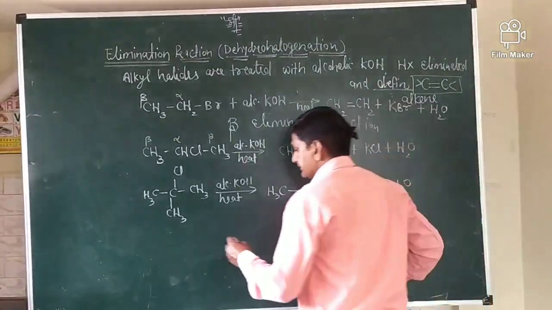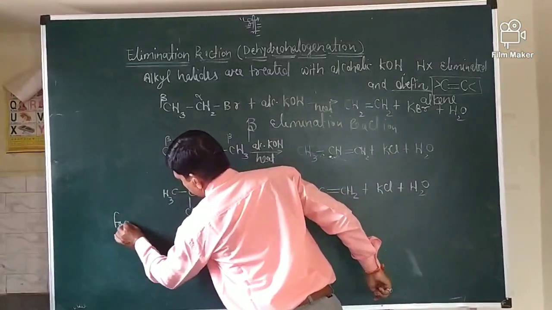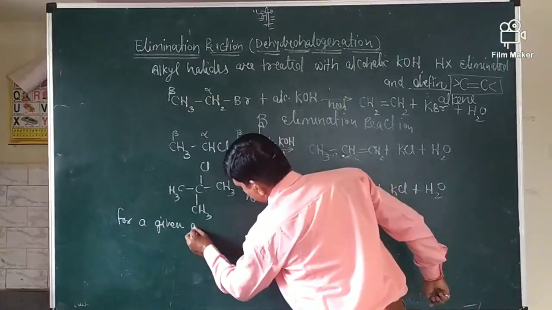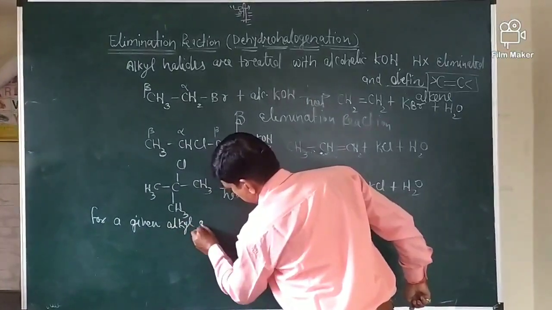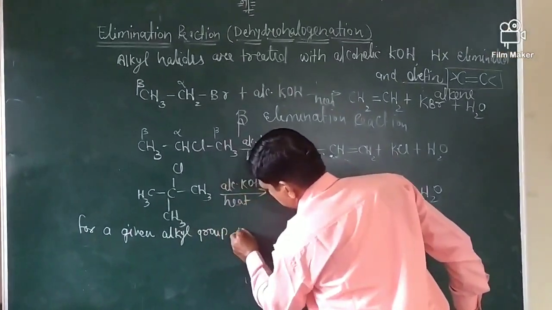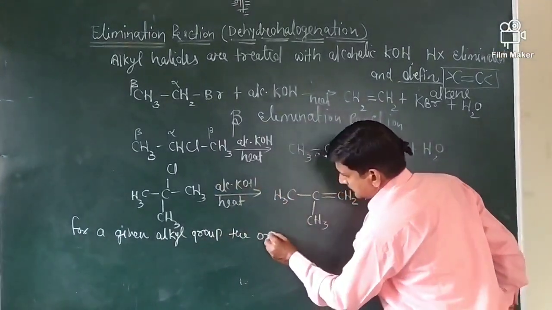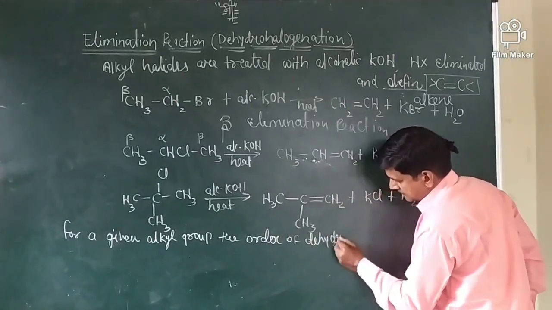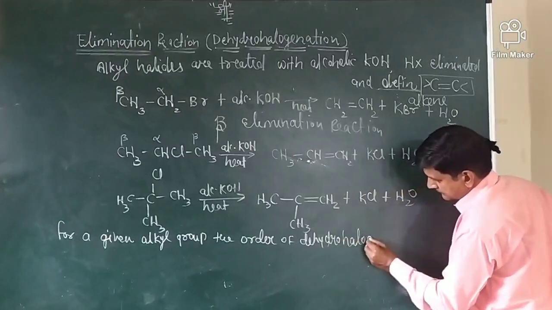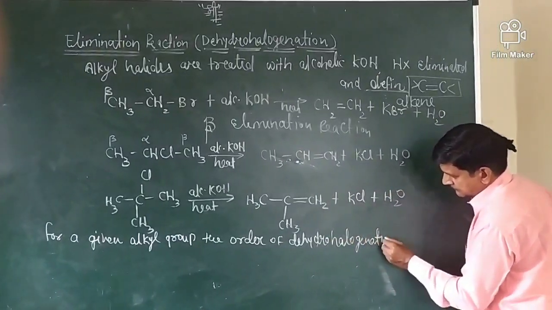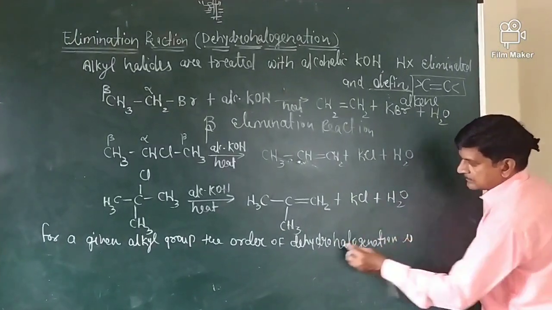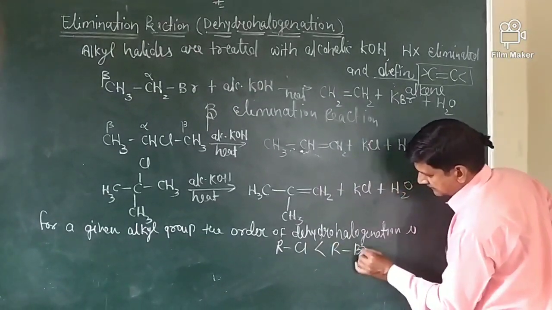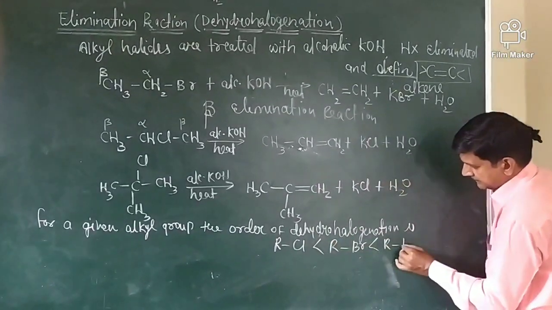For a given alkyl group, the order of dehydrohalogenation is RCl, RBr, RI.